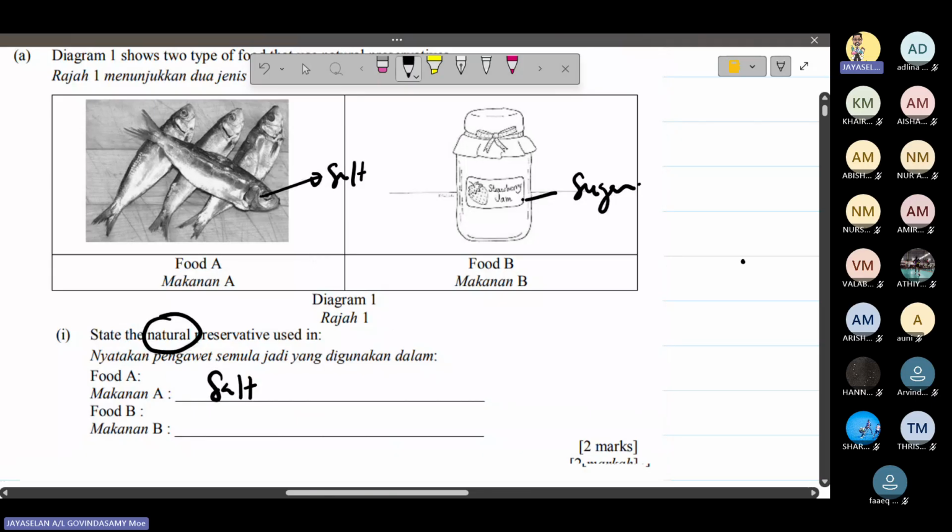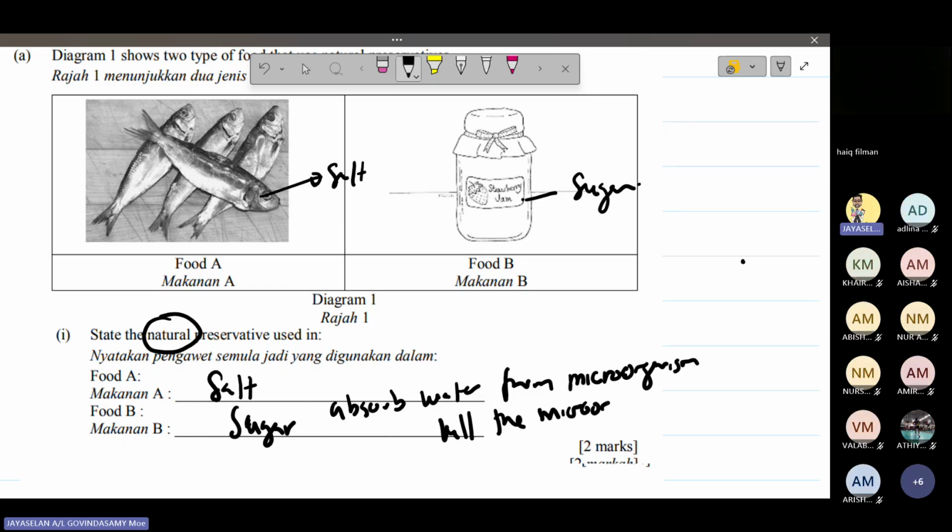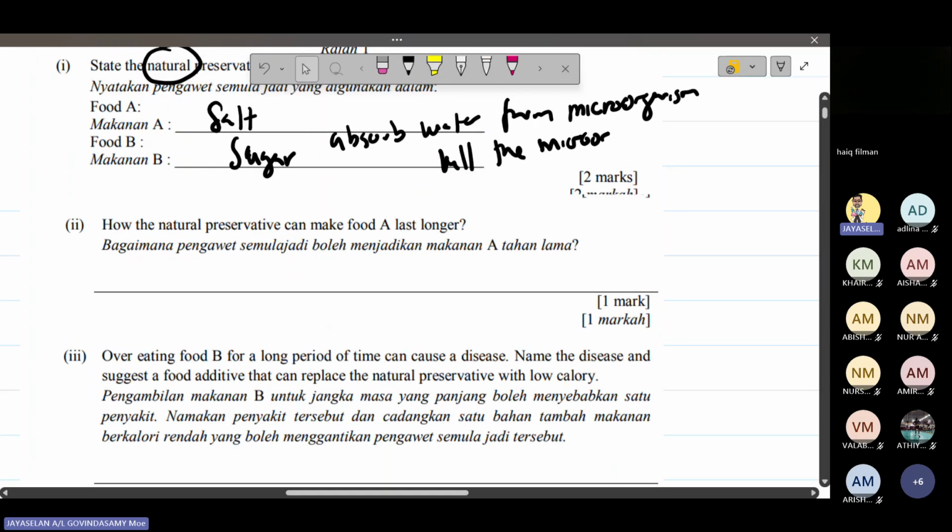The sugar and salt will do what? They will absorb water from the body of the microorganism and they will kill the microorganism. The microbe. Must remember. Okay, next one.